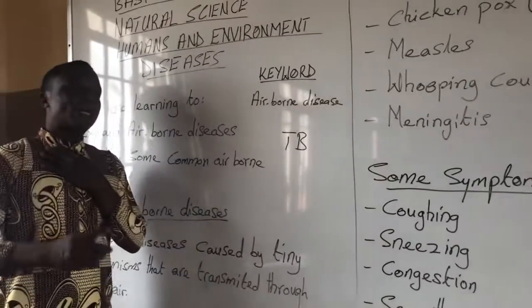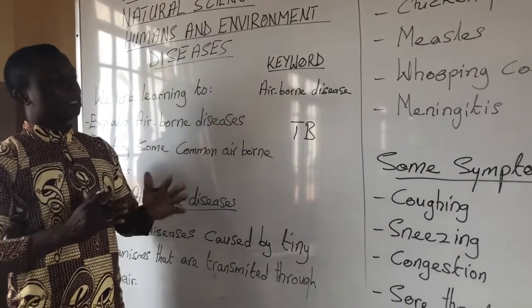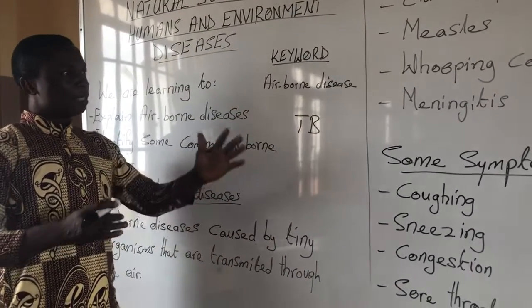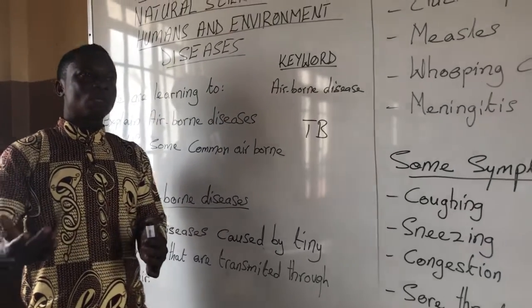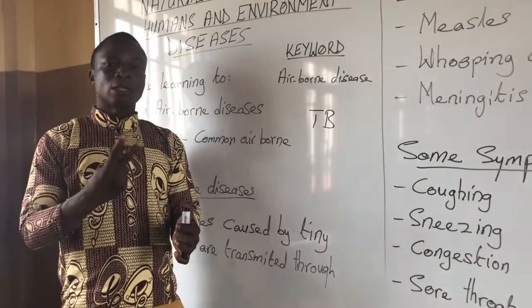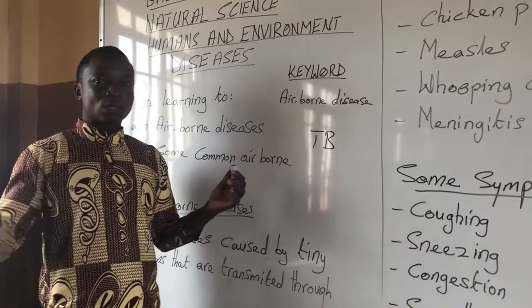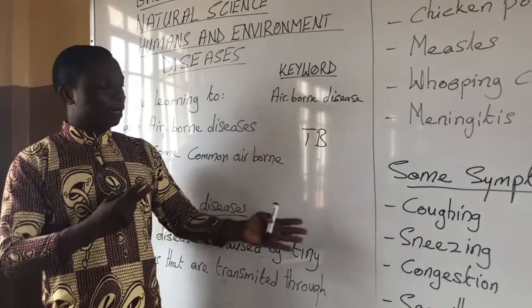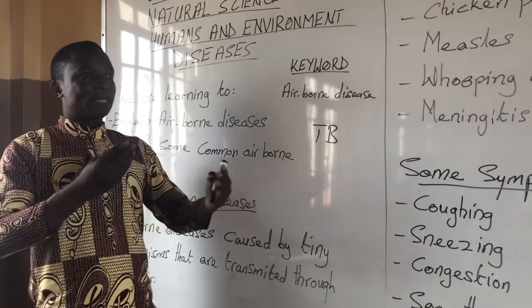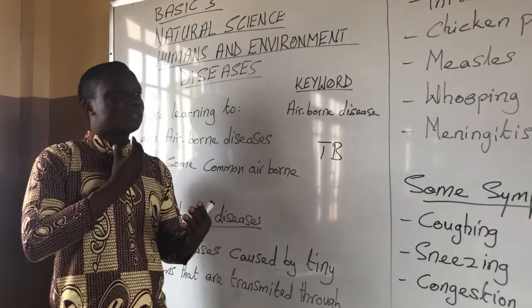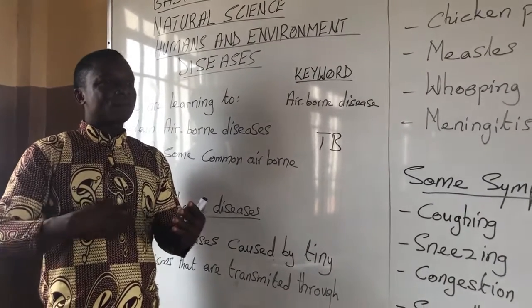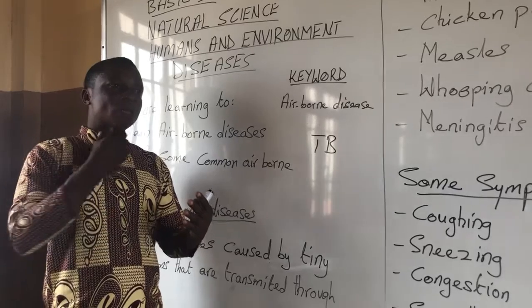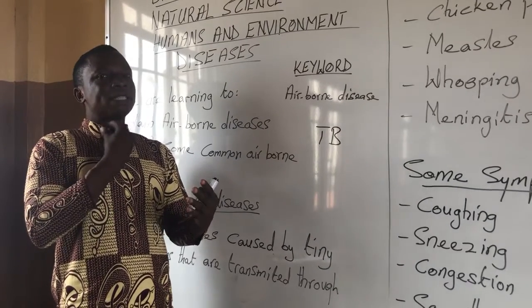We have sore throat. Sore throat normally happens with different kinds of diseases. Let me use people who have been smoking cigarettes. Sometimes when they fall sick, the doctor will tell them their lungs have got damaged or there's a sore in their throat.